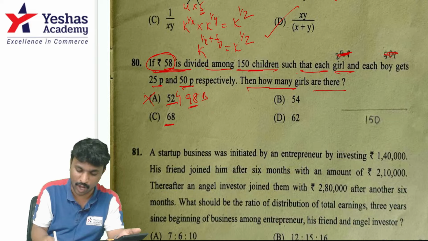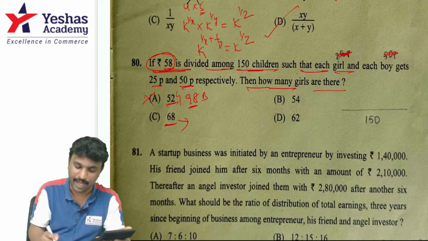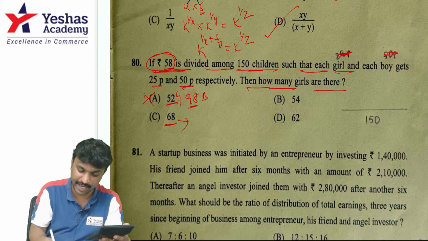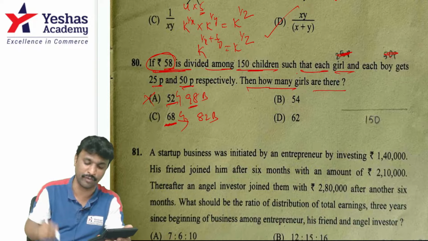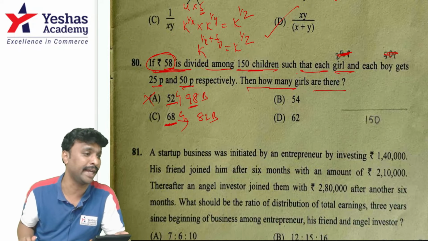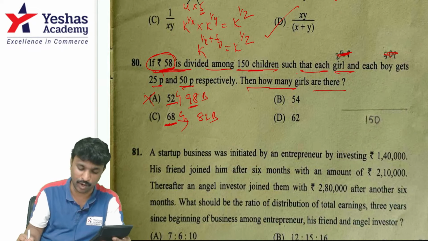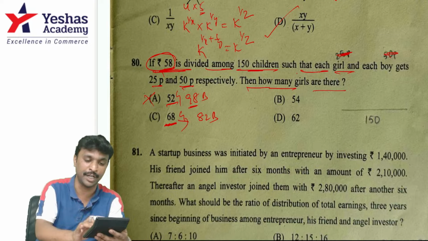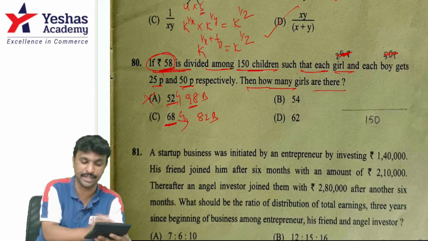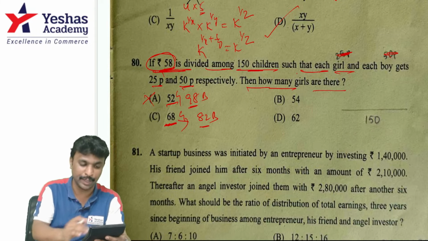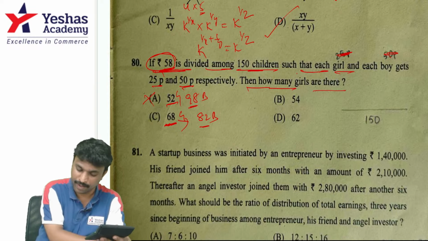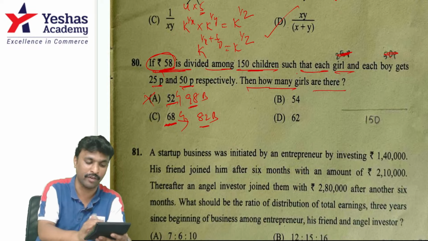Let me hit option C. Guys, if I hit option C, 68 girls are there, means how many boys? 82 boys will be there. 150 minus 68, you get 82 boys. So again do it and cross check whether you're getting 58 rupees or not. 68 girls, each girl gets 0.25 rupees, plus 82 boys, each boy gets 50 paise, that means 0.5 rupees.